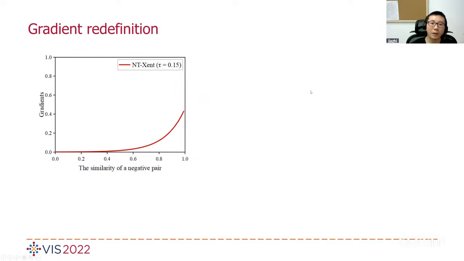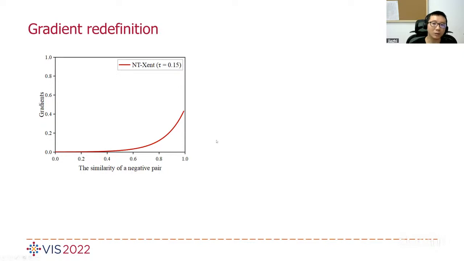The gradient curve of NT-Xent shows that the lowest similarity negative pairs have a minimal impact on the model update. However, the two points of such a negative pair usually belong to different clusters.